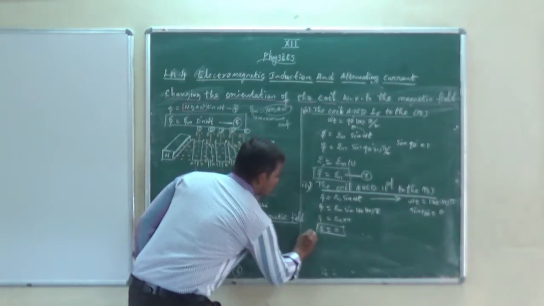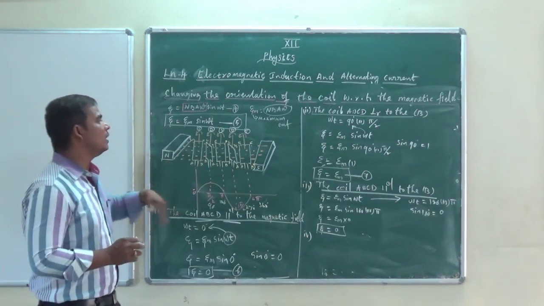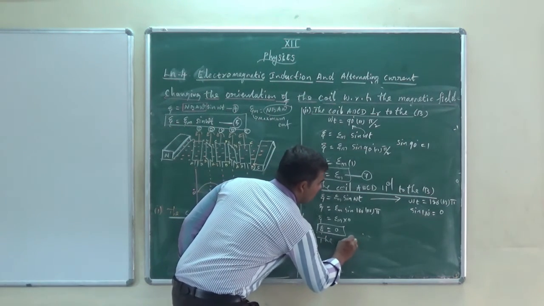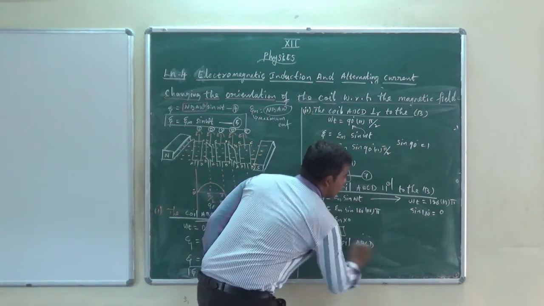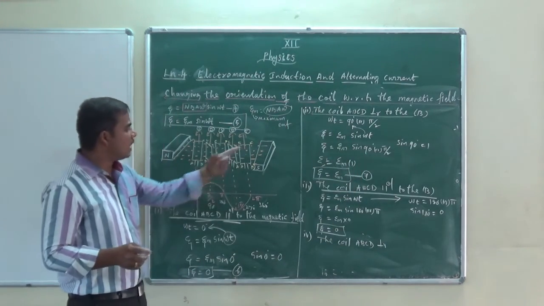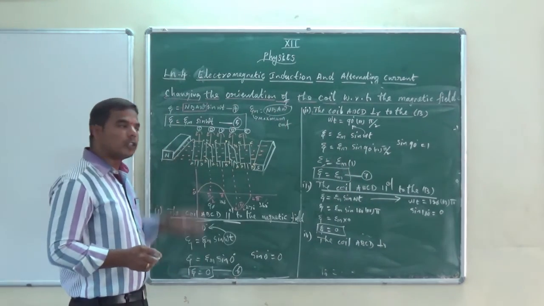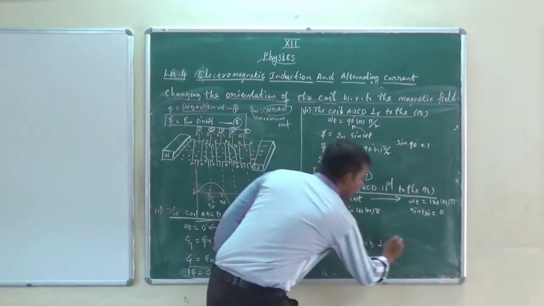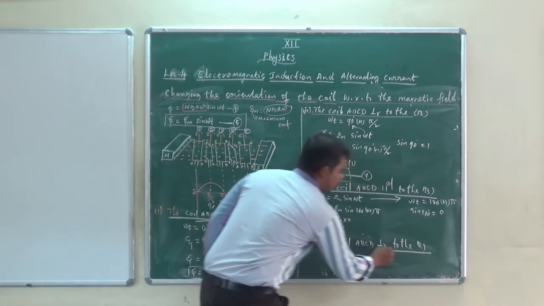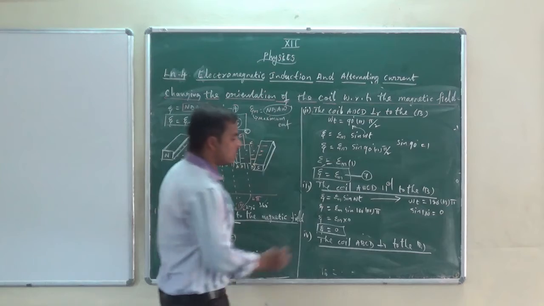Next, the fourth position. The coil further rotated in the anti-clockwise direction. The coil ABCD is perpendicular. The third position is parallel; the fourth position is perpendicular to the magnetic field B. So what is that angle?